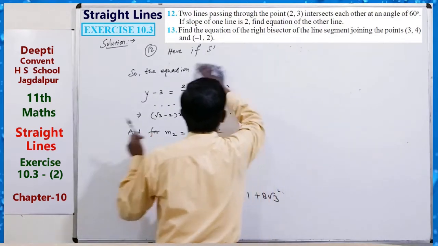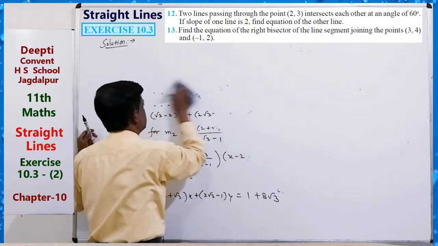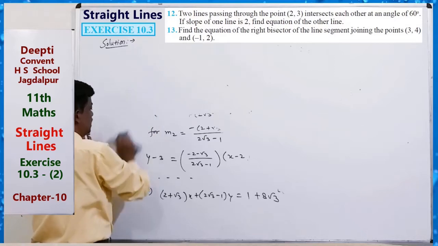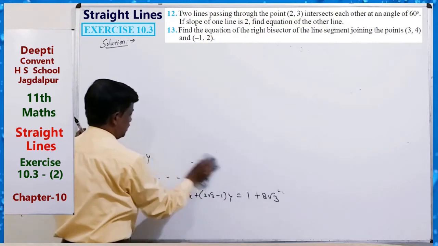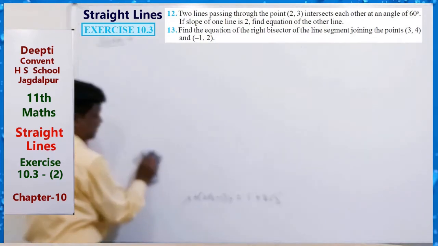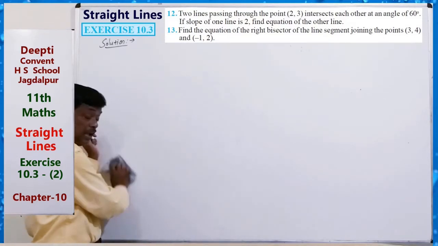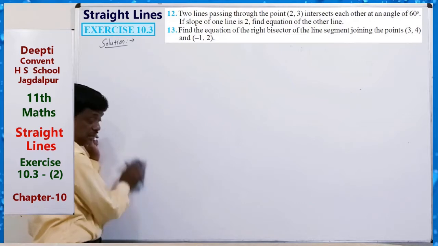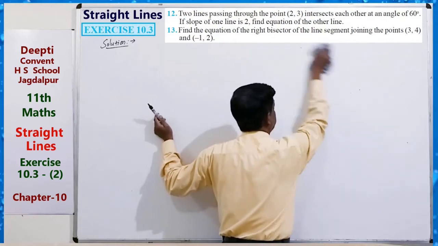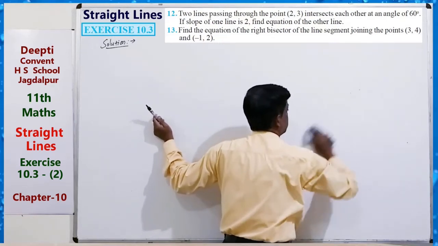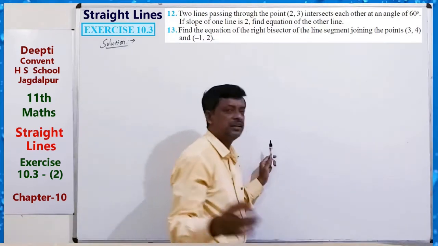Right bisector means perpendicular bisector. Bisect means the point will be the midpoint of the line segment, so the bisector passes through the midpoint, giving us the passing point. Also, the bisector is perpendicular to the segment, so if we know the slope of the segment, we can find the slope of the bisector and then the equation.